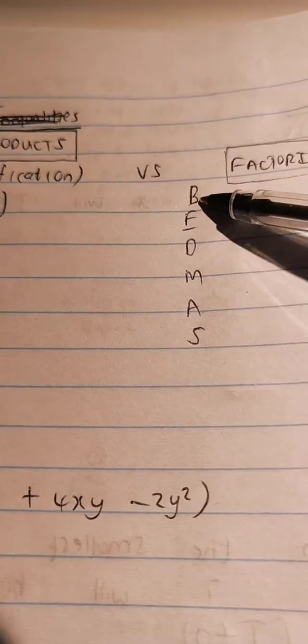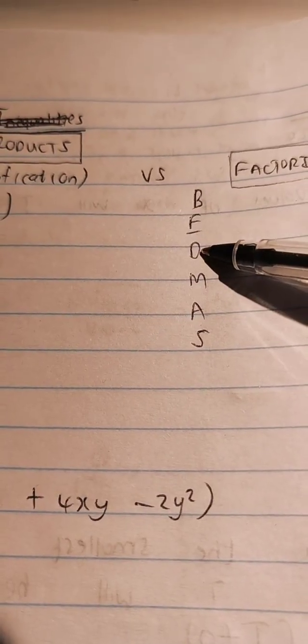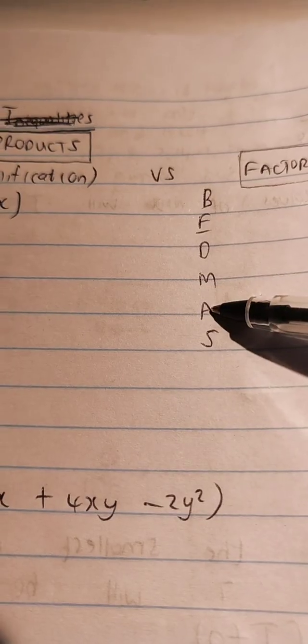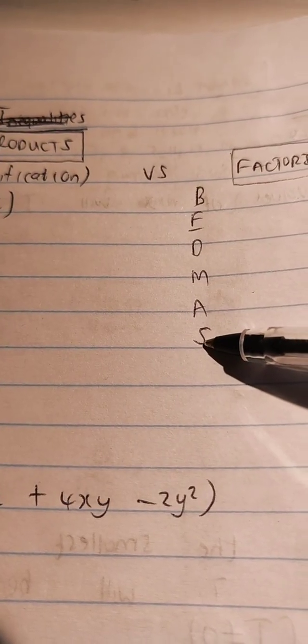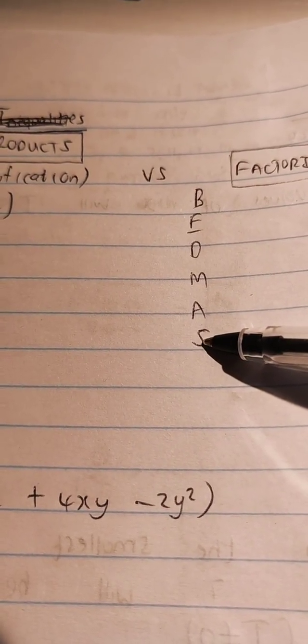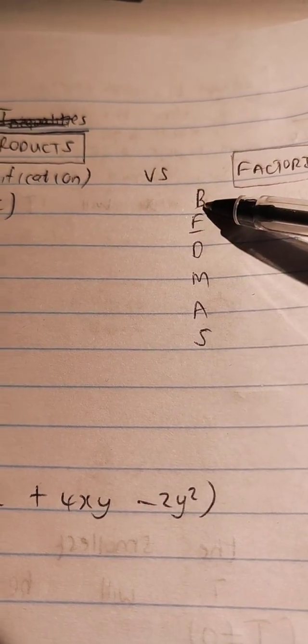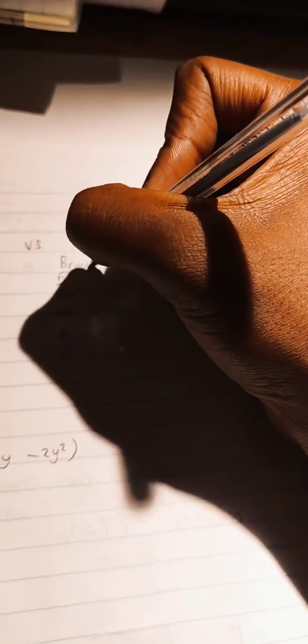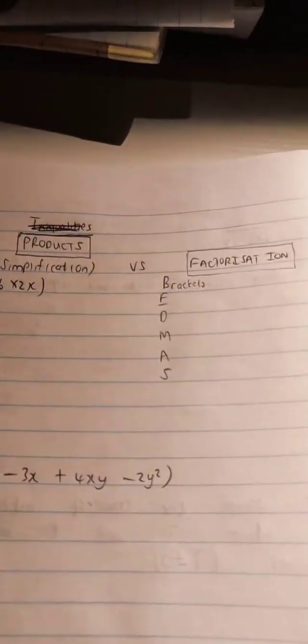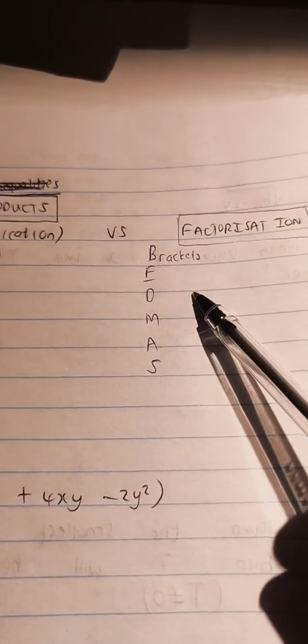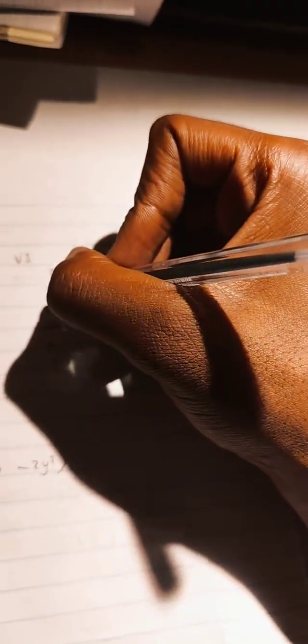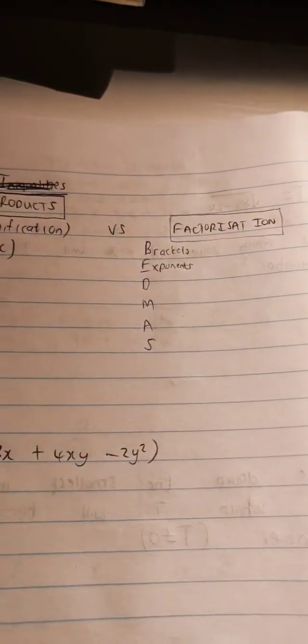BEDMAS. What is B? Brackets. E? Exponents.